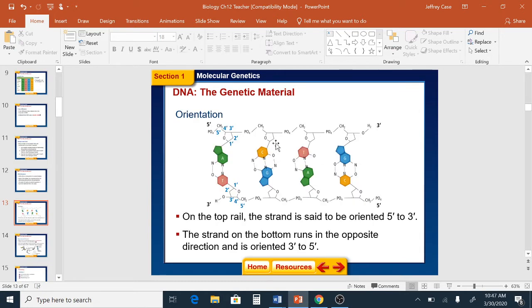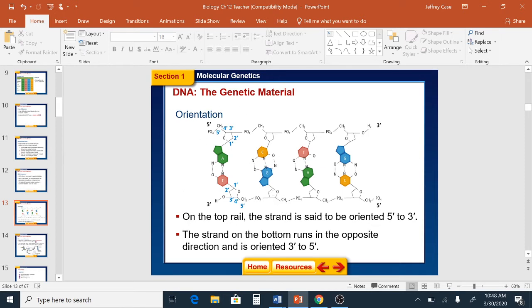So here we see, just going back to that ladder analogy, think of a ladder on its side laying on the ground, right? So here are the sides of the ladder, the sugar, phosphate, and here are the steps of the ladder. Obviously, if you were using the ladder, it would be up and down, okay?